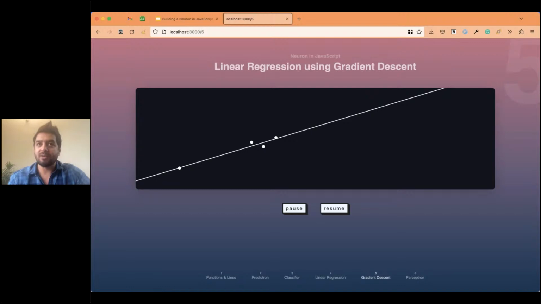For example, your inputs in your brain are received from dendrites, and you have many of them, and there are so many parts of the brain that we don't understand ourselves as humans, but we have tried to create a very similar representation of how this neuron or neural network works.